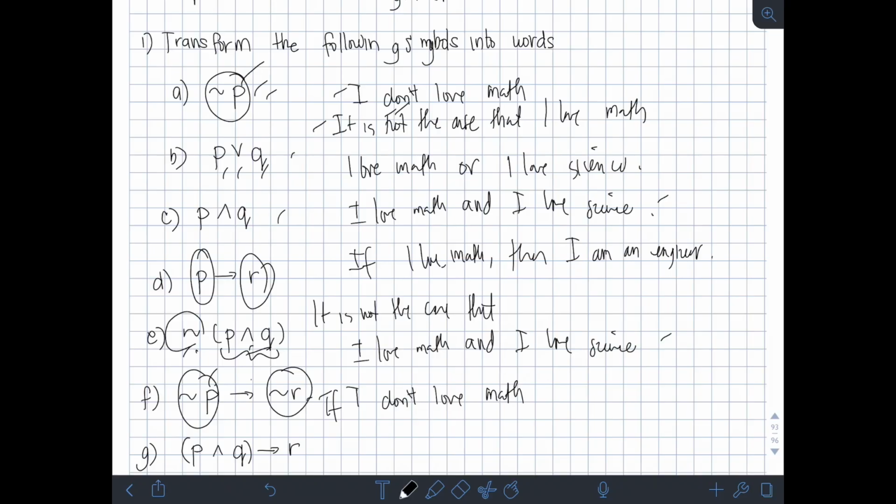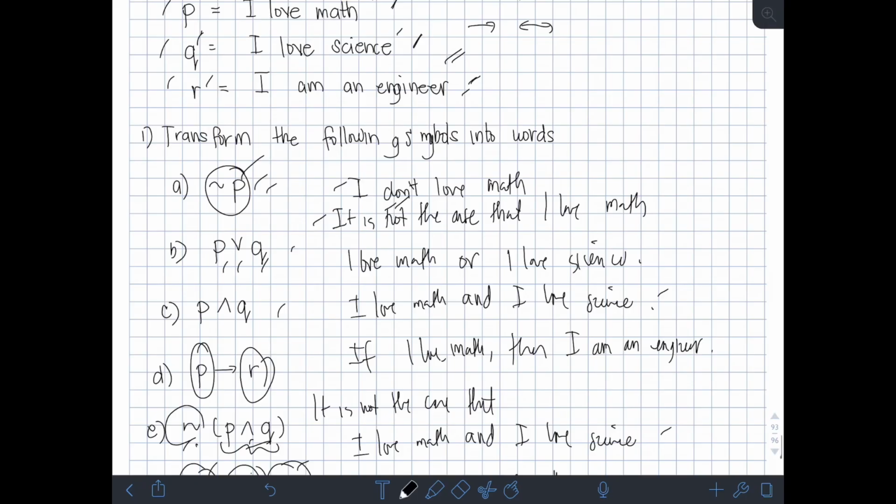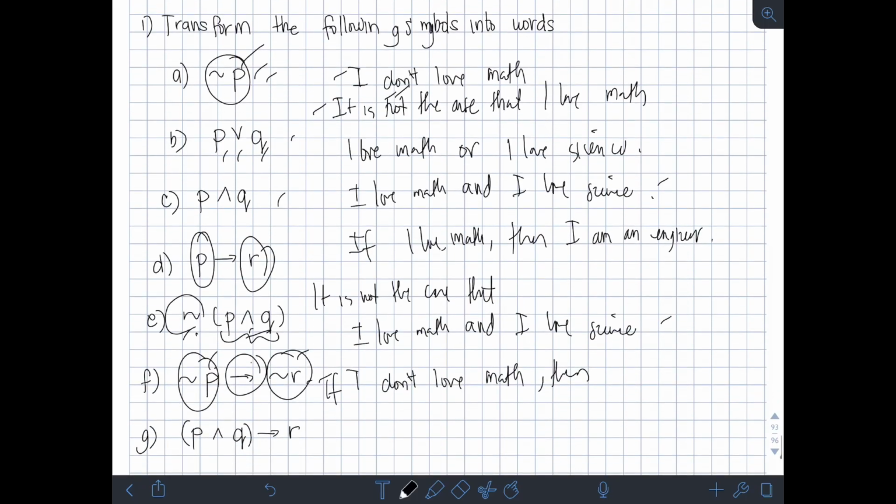If I don't love math, para sa then, negate naman nung R. So, yung R is I am an engineer, right? So, kapag ninegate natin, lagyan natin ng not. I am not an engineer. Okay? So, negate P, then negate R. So, if I don't love math, then I am not an engineer.